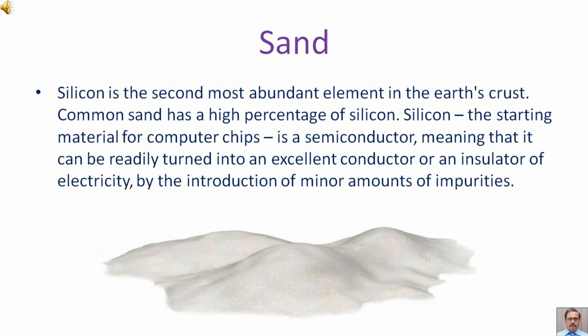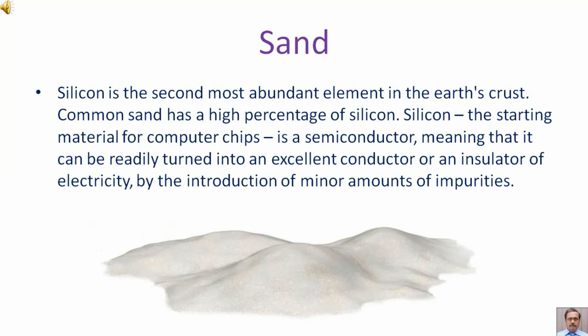Sand. Silicon is the second most abundant element in the earth crust. Common sand has a high percentage of silicon.